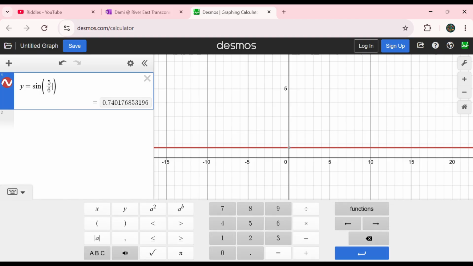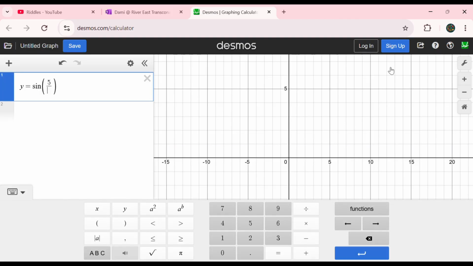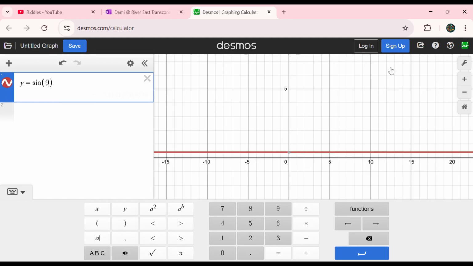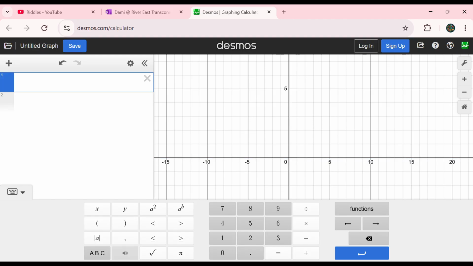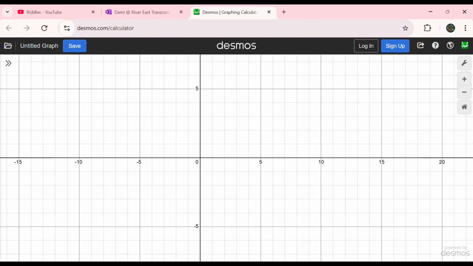And to graph anything for you, you can just go in there. Right now it's a straight line because there's nothing. But if I go sine 90, it's just a straight line. But any single thing you would like to graph, it will give it to you. Desmos is a really cool thing to have in your math folder. And if you know you're going to be going into calculus, having a scientific calculator or a graphing calculator will be really good, and will also help you straight into uni. So that would be a good thing.